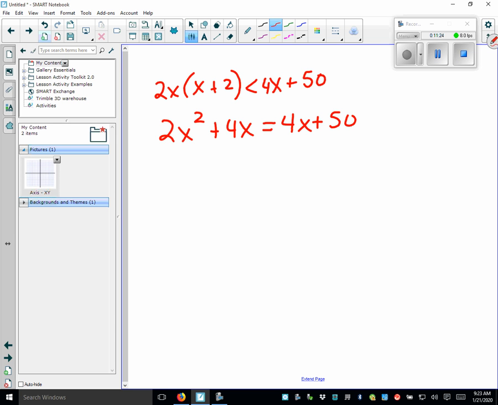Plus 50. Right? Now I want it equal to what? 0. So 2x squared minus 50 equals 0. Right? How do I solve this?